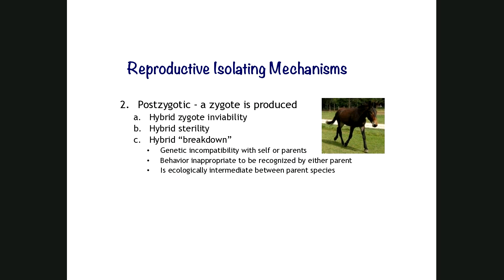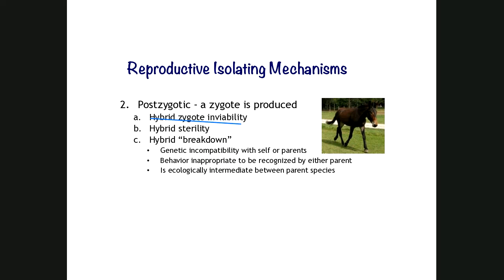The majority of species, if they do breed and make a hybrid, then the hybrid either dies or is sterile. So we have something called reduced hybrid viability, and that is A right here, reduced zygote viability.